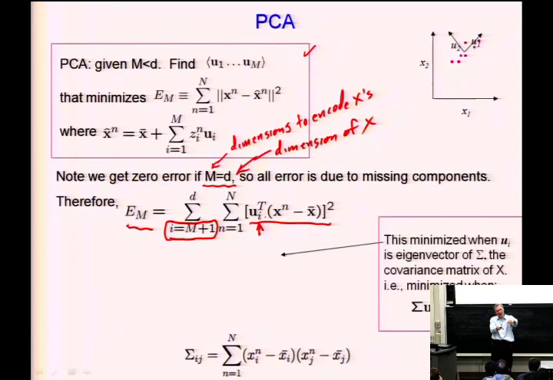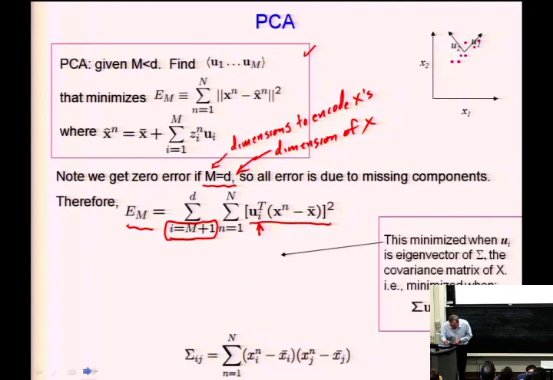And the error that I have is actually the distance from that point to the plane, which is the projection of that point onto u3 from the plane. And that's what this thing is saying. It's just the sum over those missing dimensions that I left out of how far they are from the plane that I'm using, the lower dimensional space I'm using.